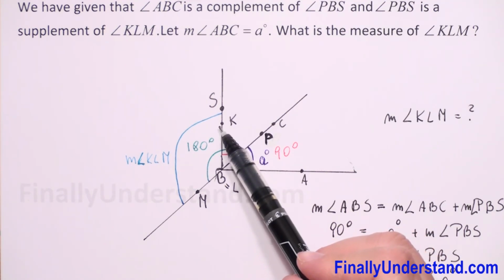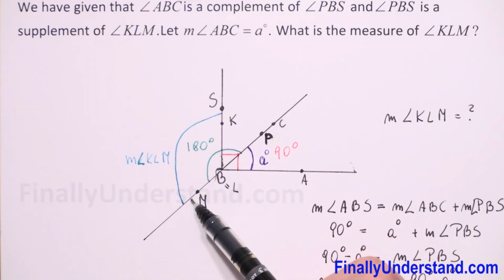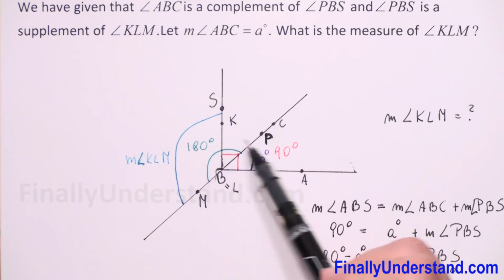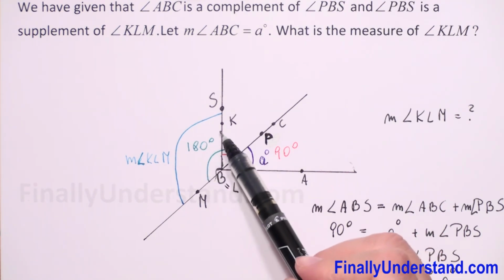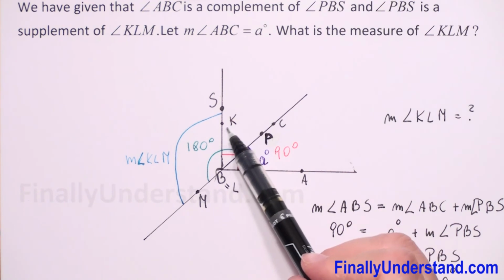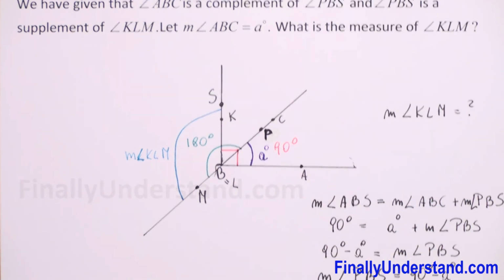The measure of angle KLM is 180 degrees minus this part.